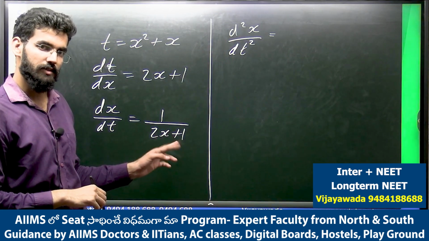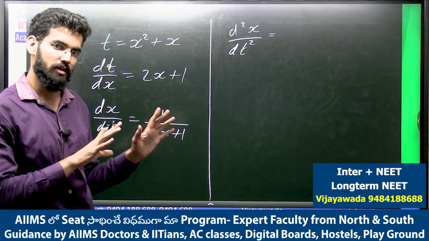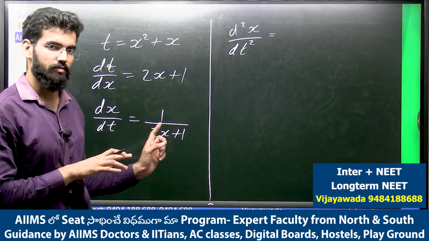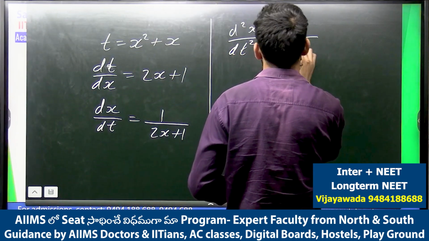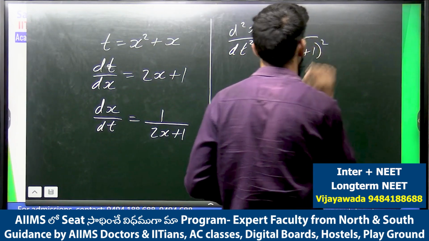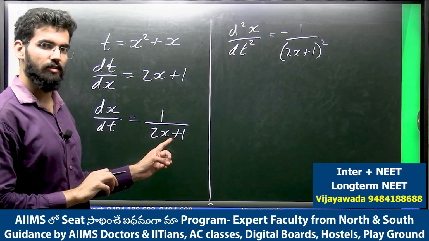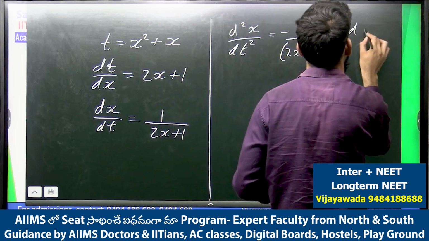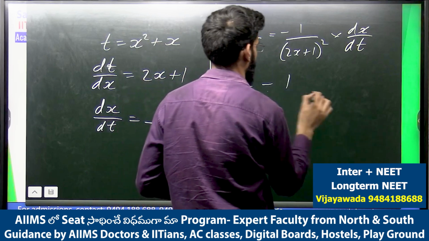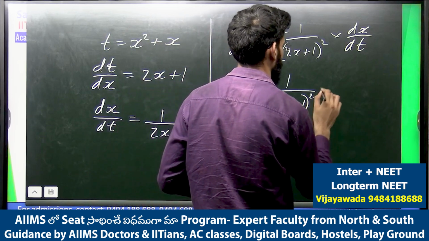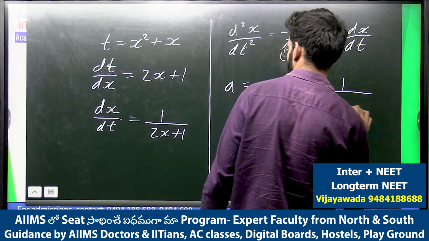If you know it, you can differentiate directly; otherwise use the f by g rule. So the derivative is minus 1 by 2x plus 1 whole square, and since this is not a function of t, the derivative dx by dt will also come, which we already know is 1 by 2x plus 1.